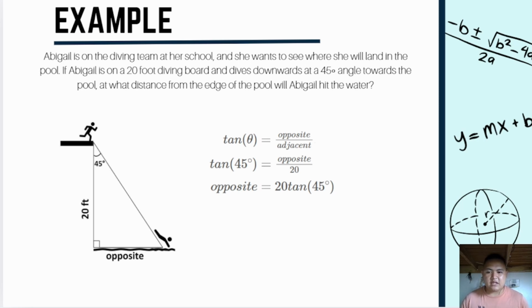Opposite is equal to 20 tan 45 degrees, and opposite is equal to 20 times 1, which is 20. So Abigail's dive will land 20 feet from the edge of the pool.